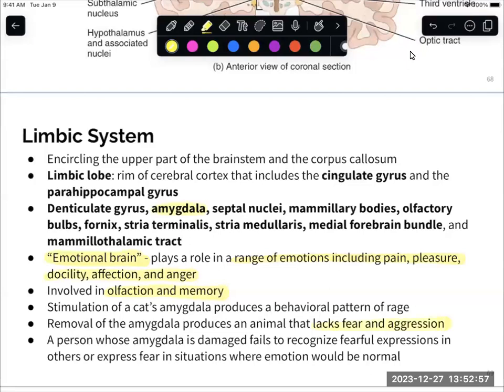So somebody whose amygdala is damaged in this limbic system, they don't recognize fearful expressions in others or express fear in situations that would be normal. Somebody who's scared, standing at certain heights, if their amygdala is damaged, these people don't express these same behaviors. They don't see a problem with any of it.